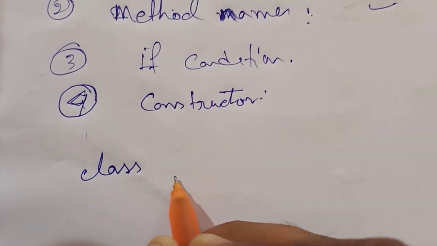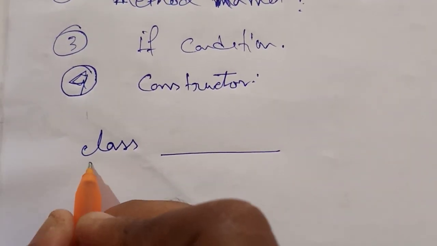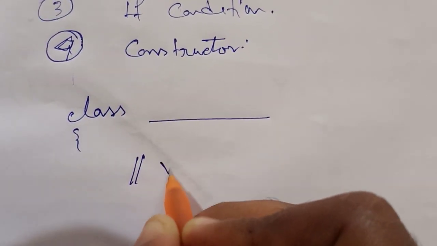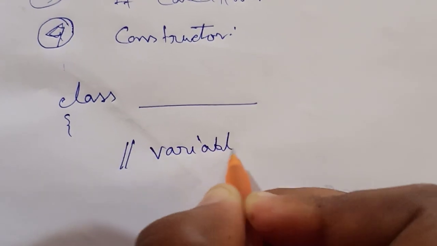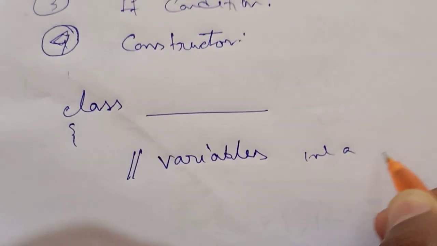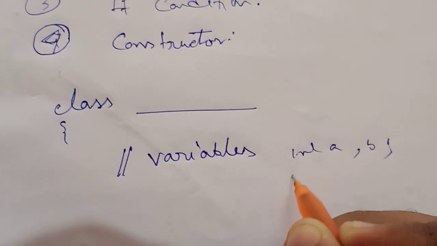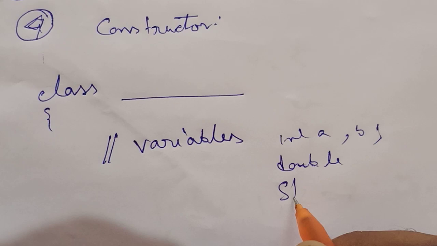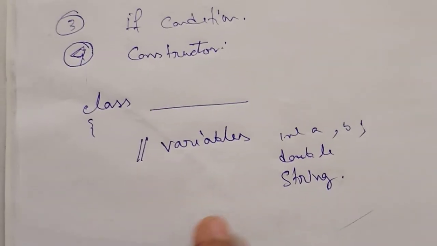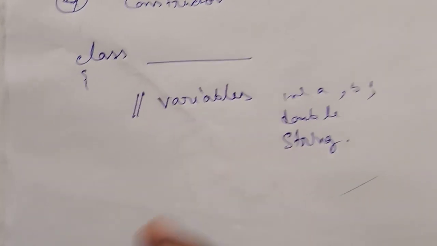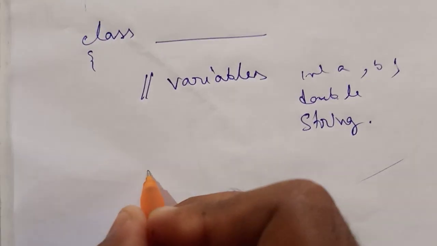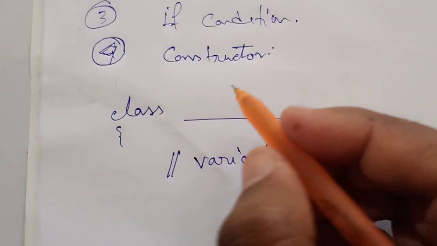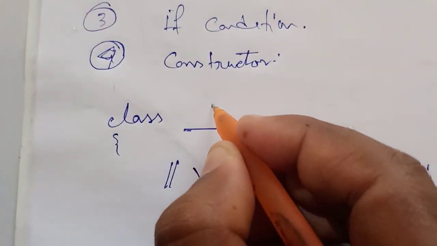So, class name according to the question. Then bracket open, and you define the variables like int a or b, double, string, according to the program, here as global variables. Next, suppose three methods. I think all of you get the three methods. Before the three methods, suppose I'm considering the class name as Book.